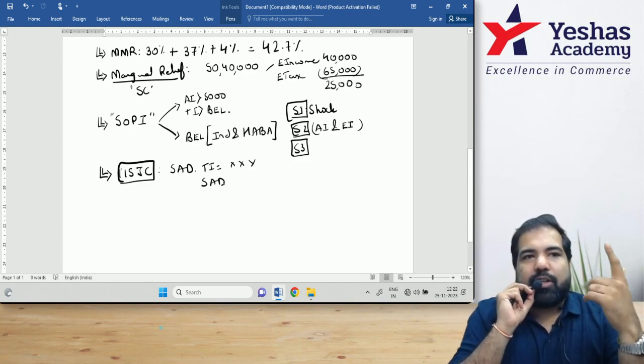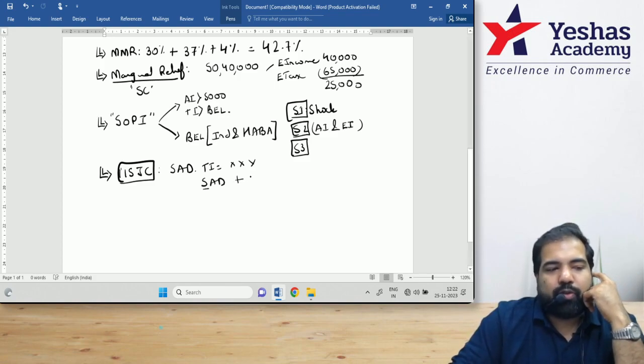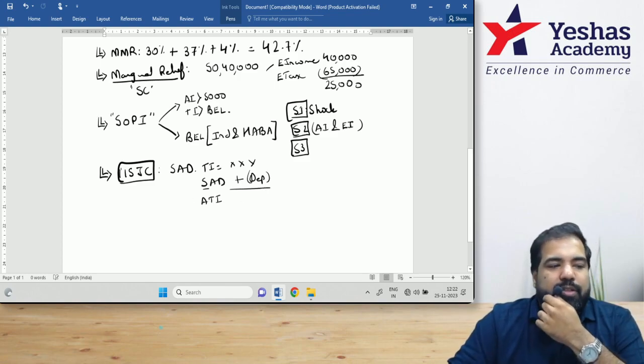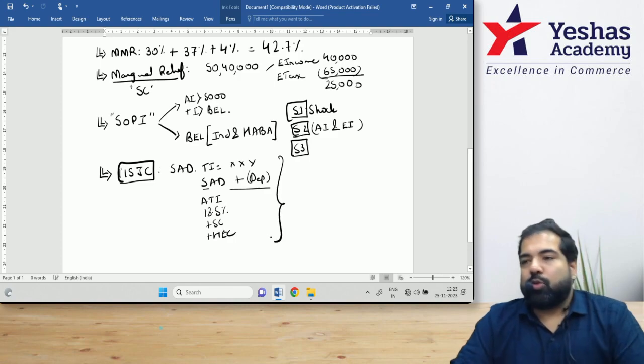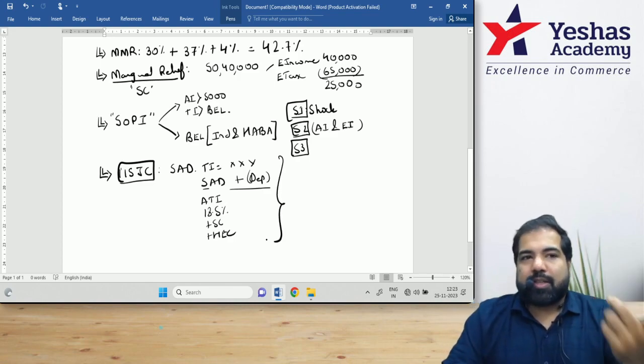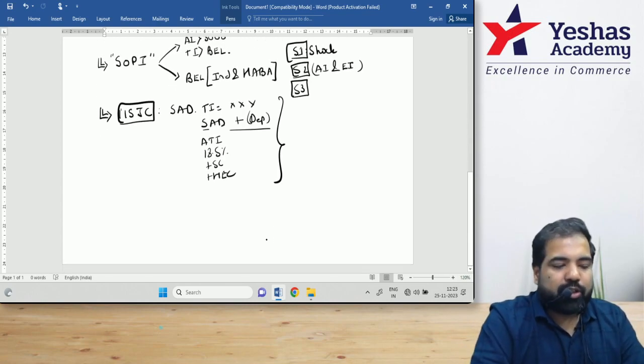You will add those, and when you add specified business, you will minus which, guys? Depreciation. And this is how you will get your ATI. On ATI, you calculate tax plus surcharge plus cess, and if this is more, you have to pay this more. But isn't this unfair? Yes, it is. But you'll get what, guys? Credit. This is called 115JC.